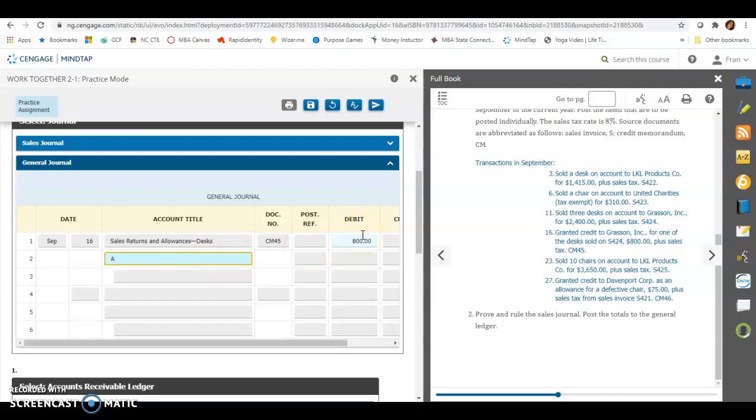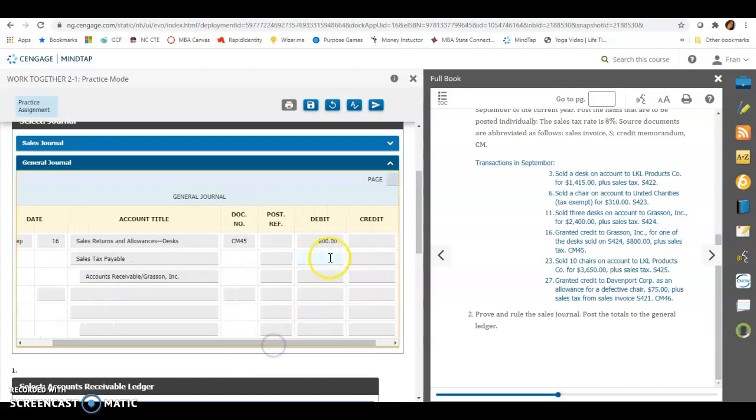The first one is going to be sales tax payable, and the second one is going to be accounts receivable, Grayson Incorporated. So the sales tax on $800, 8% of $800, is $64.